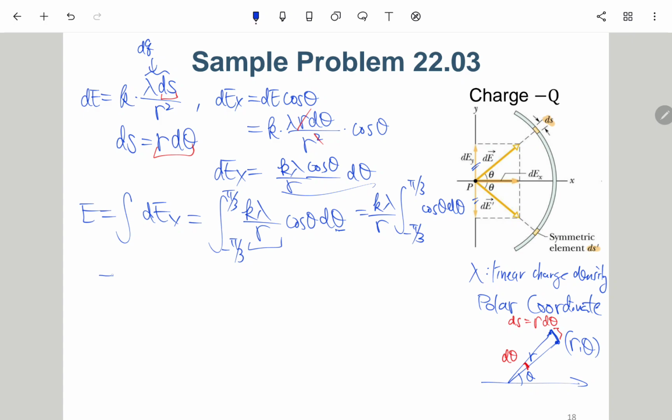The antiderivative of cosine of theta is sine of theta, so we evaluate it from negative pi over 3 to pi over 3. Sine of pi over 3, sine of 60 degrees, is square root of 3 over 2, so this term becomes square root of 3 over 2 times 2, which is square root of 3. So finally it becomes square root of 3 k lambda over r.